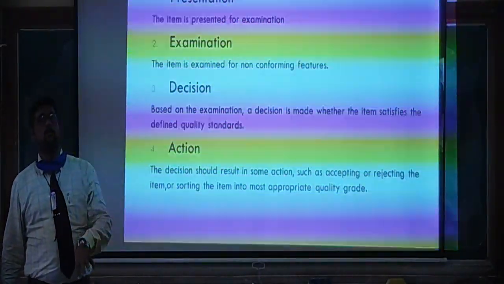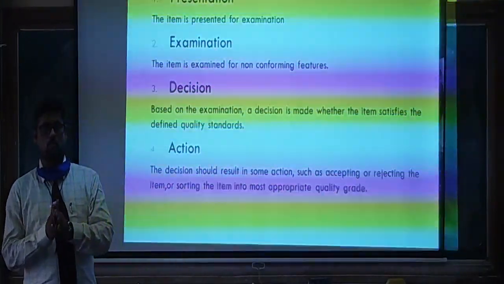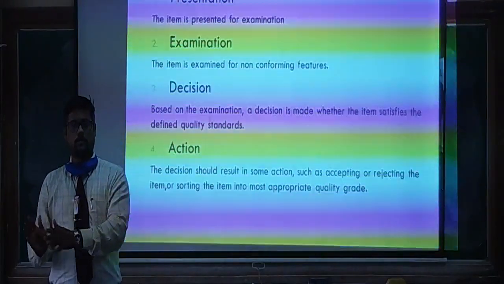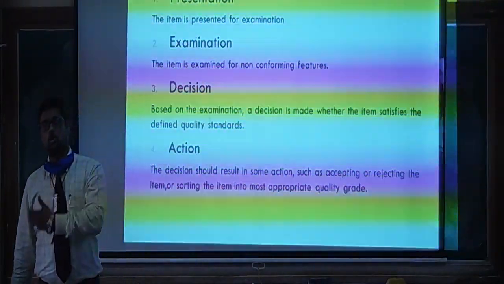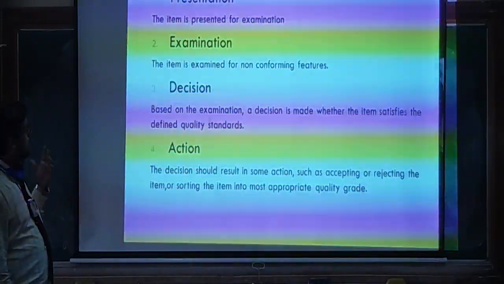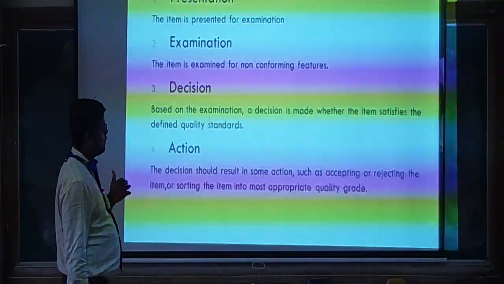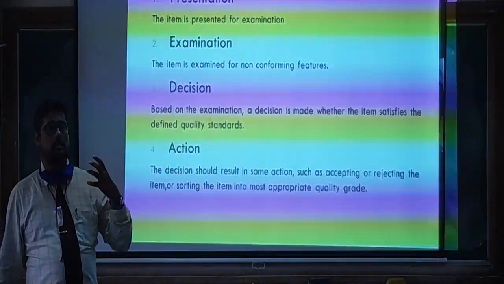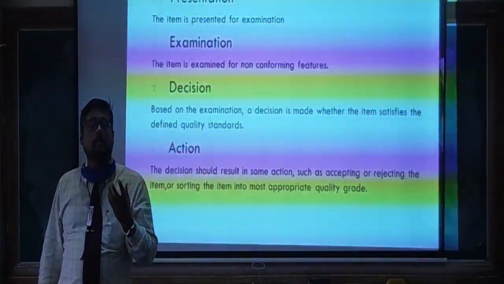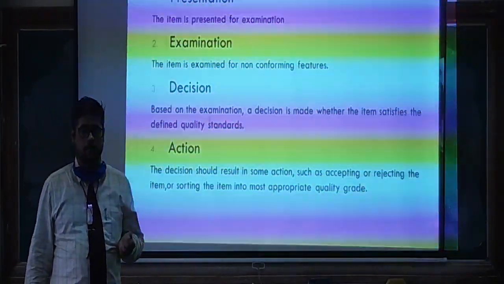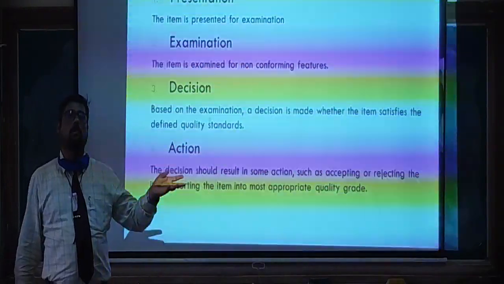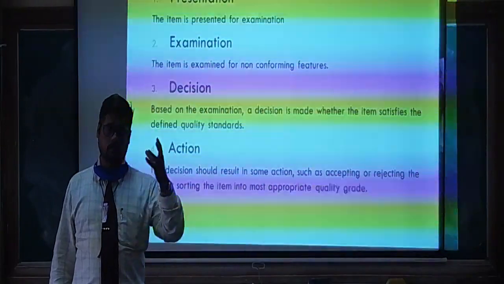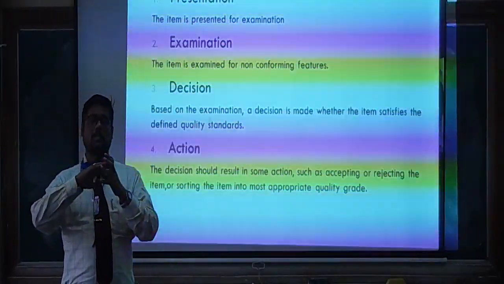Why do we go for the examination? Because we are sorting the parts into acceptable parts and non-acceptable, rejected or non-conforming parts. Non-conforming features means any feature, for example the diameter of a shaft as cast, or the surface roughness of the casting. In green sand molding, shell molding or CO2 molding, the surface roughness is different.